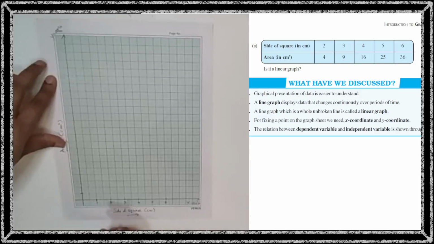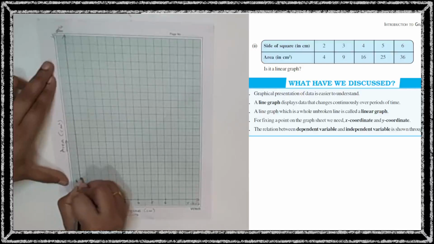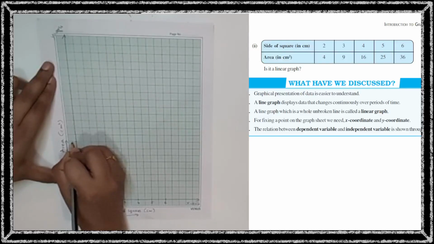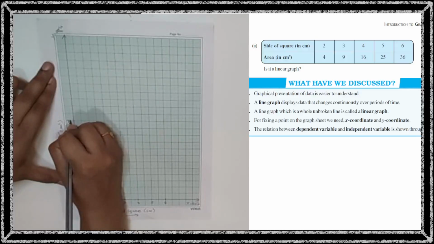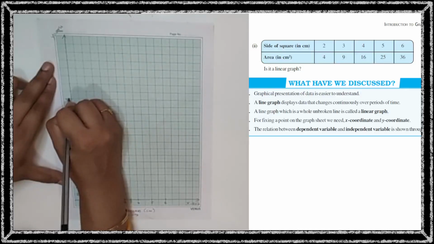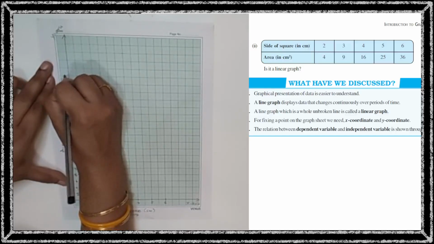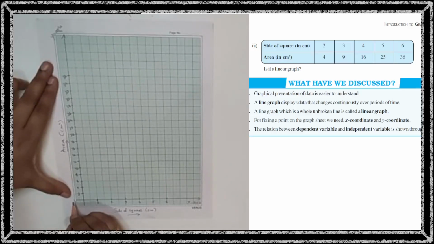So I'm quickly going to plot the points 2, 4, 6, 8, 10, 12, 14, 16, 18, 20, 22, 24, 26, 28, 30, 32, 34, 36. So my data ends at 36. So let's plot the points.